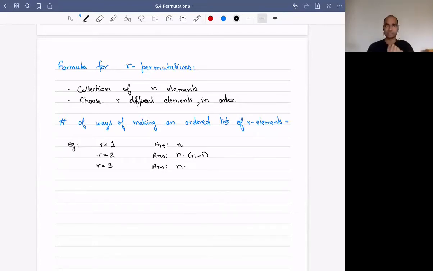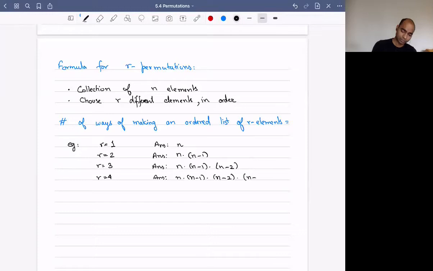Once I make that choice, I no longer have N elements, I have N minus 1 elements. So the second element has N minus 1 choices. Now the third cannot be either this one or that one, so I'm left with N minus 2. Let me do one more. And you can see the pattern, N minus 1, minus 2, minus 3.